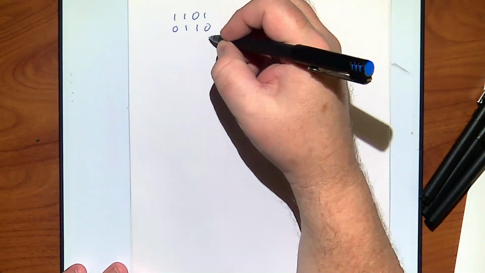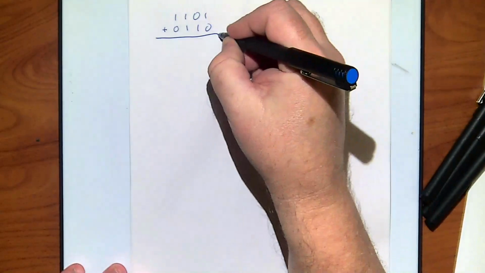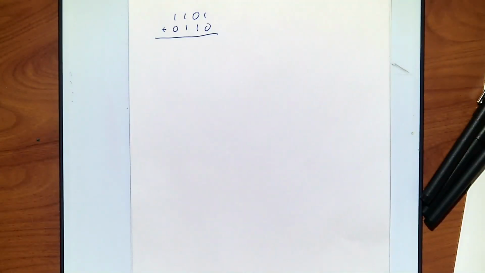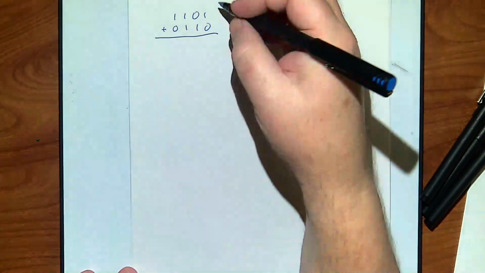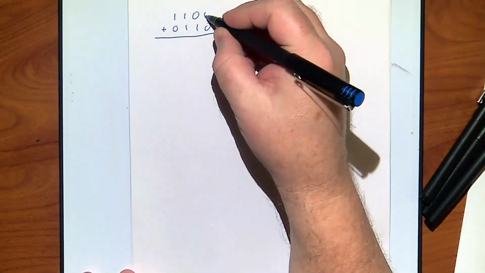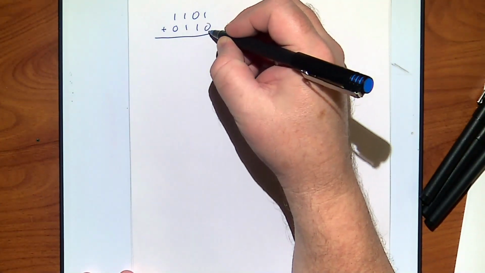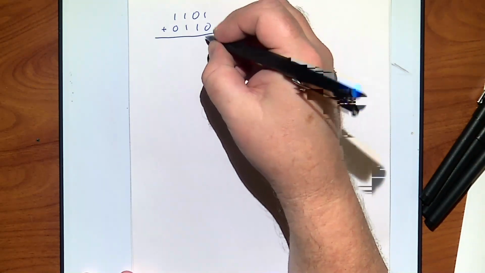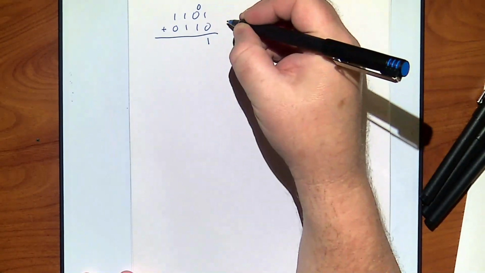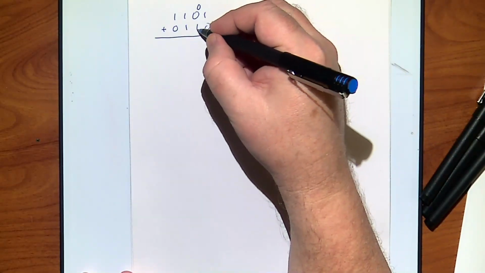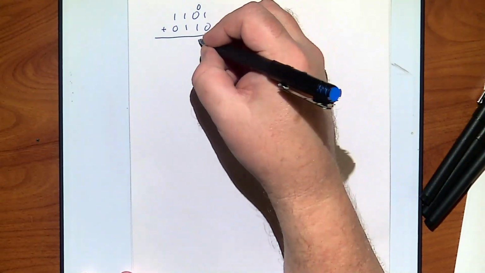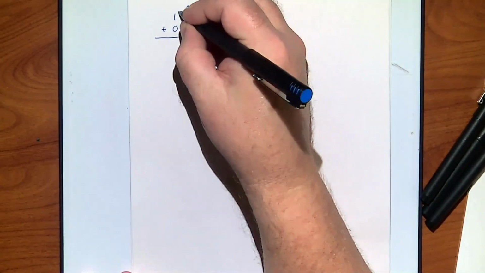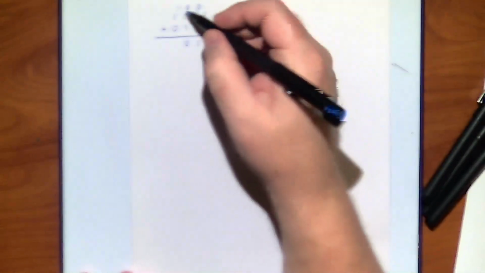If I want to do this as addition, let's do it the old grade school binary way. I've got a one plus a zero, and that gives me one, carry nothing. 0 plus one is one, carry nothing. 0 plus one is one, carry nothing.